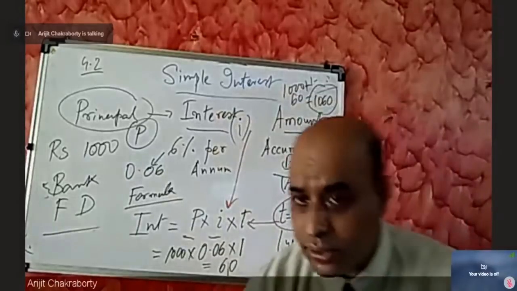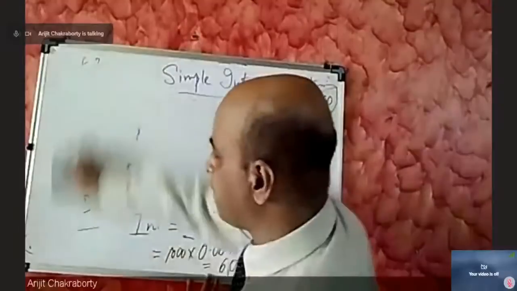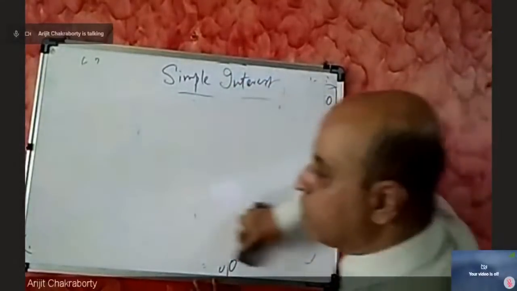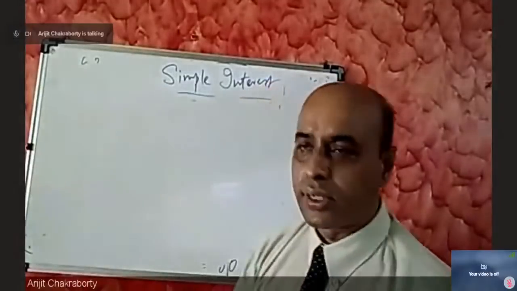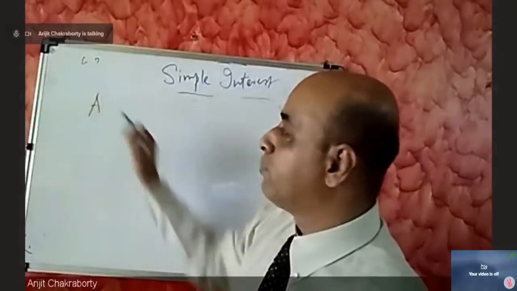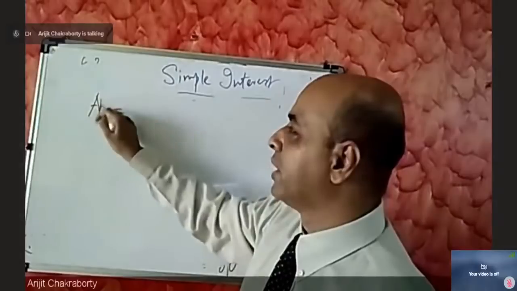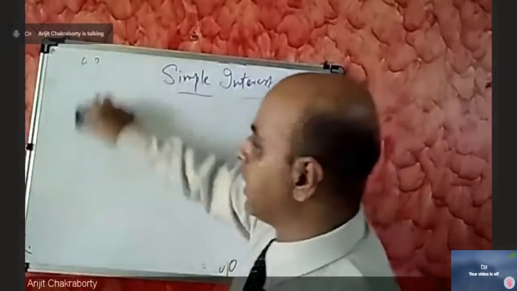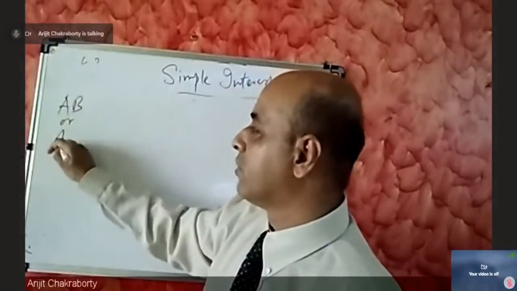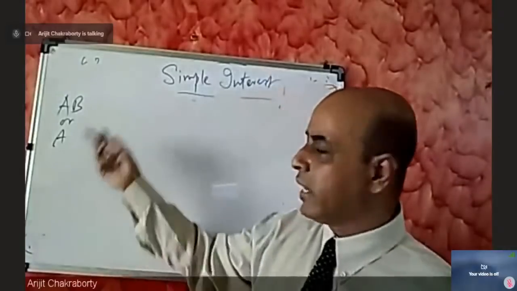So from here we can write two formulas. I request you to note the two formulas. Please keep pen and paper with you and let us learn together like the other days also. So the first one is, we know that accumulated balance, let's call it AB. Some study materials call it A, so it can be A or AB, whatever.